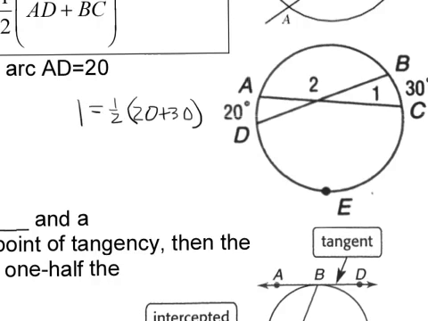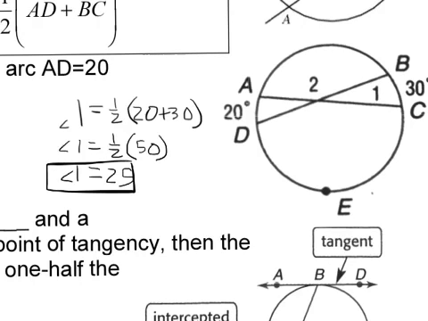So angle 1 equals 20 plus 30 divided by 2, and that's it. So angle 1 equals 1/2 of 20 plus 30 is 50, and 1/2 of 50 is 25. So angle 1 here is 25.